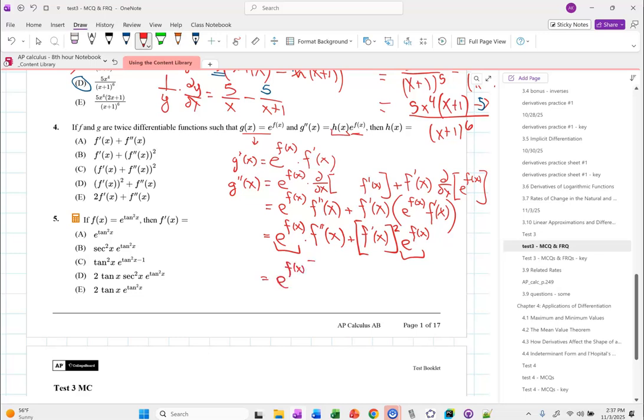So if I factor that out like a greatest common factor, well, that's a really good test of how comfortable you are with notation, product rule, chain rule.